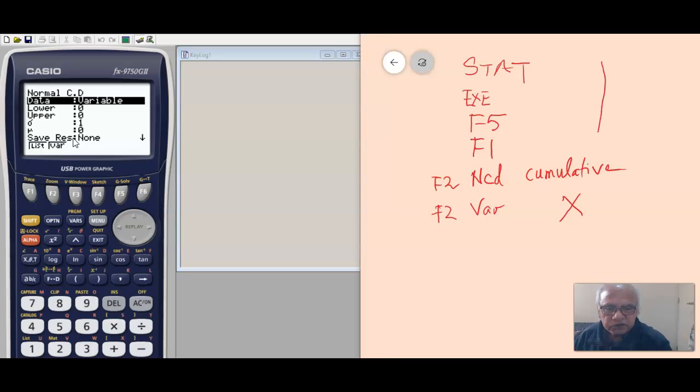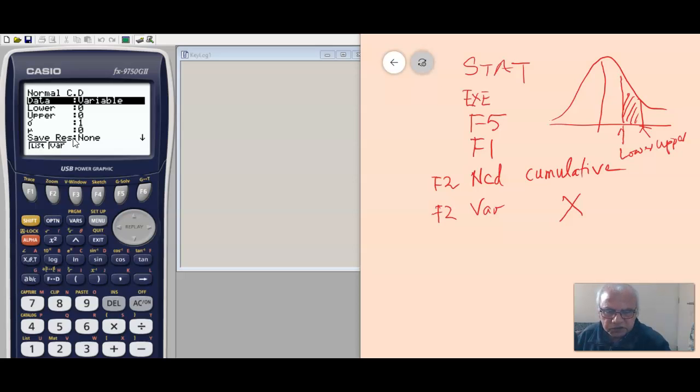Now if you get back to a normal distribution, and if you are looking at a chunk of area, this is the lower limit and this is the upper limit they're referring to.